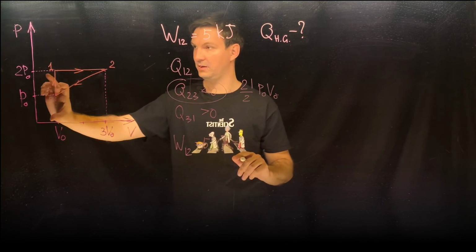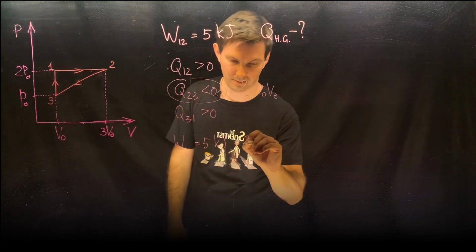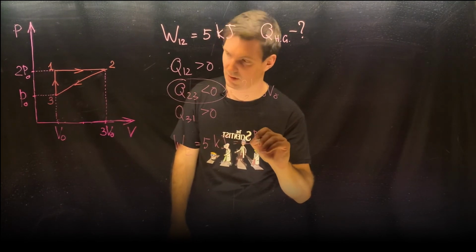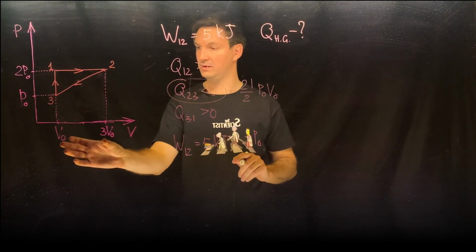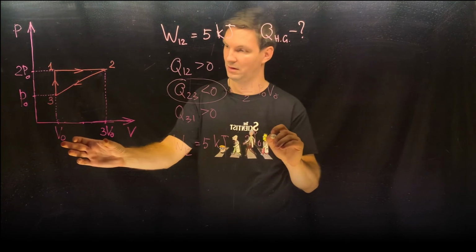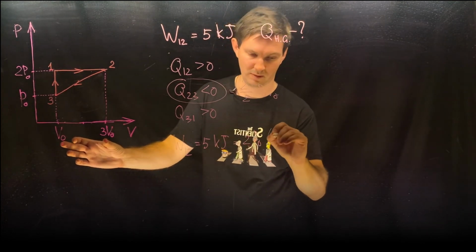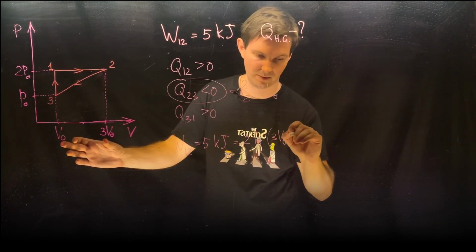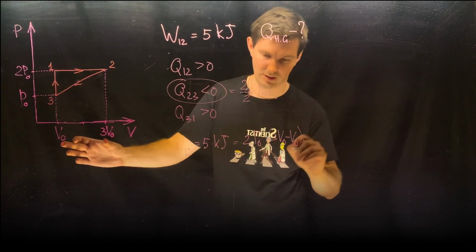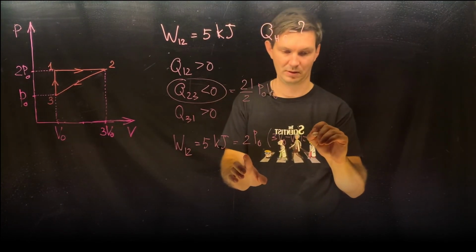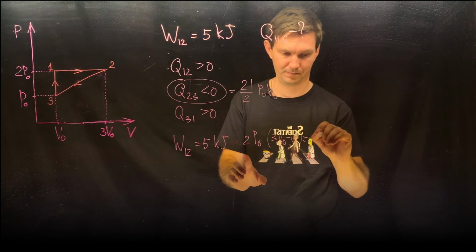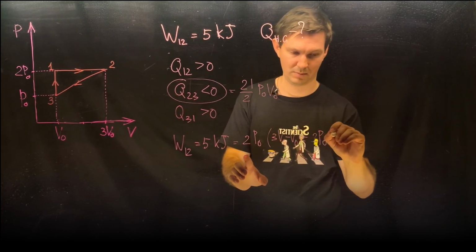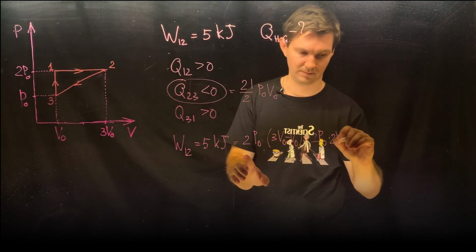The first side is 2P0 multiplied by another side. It is this segment, 3V0 minus V0, and it is 2P0 multiplied by 2V0.